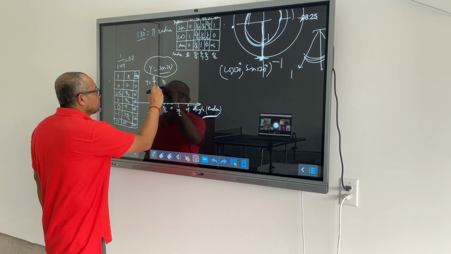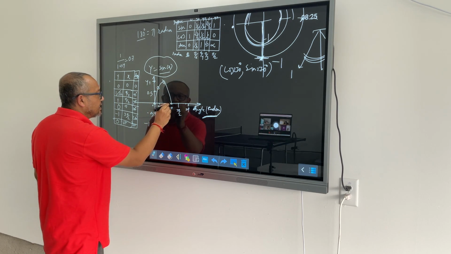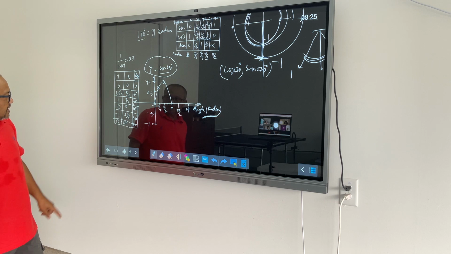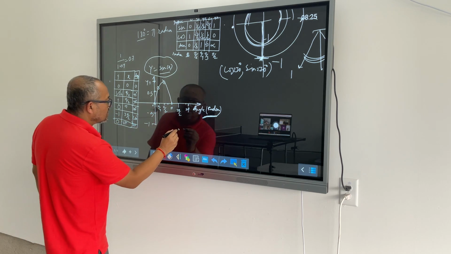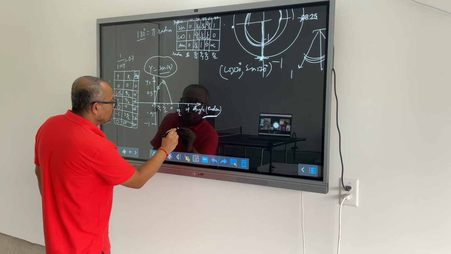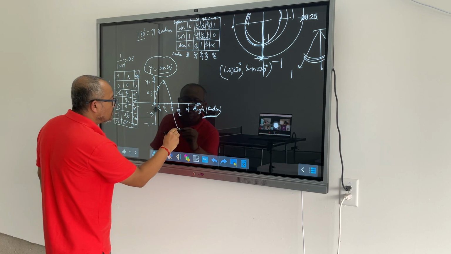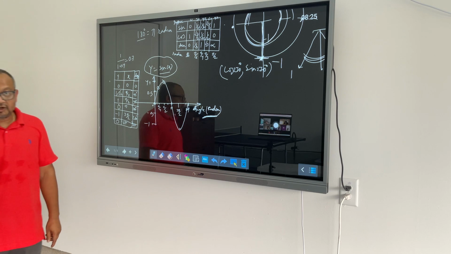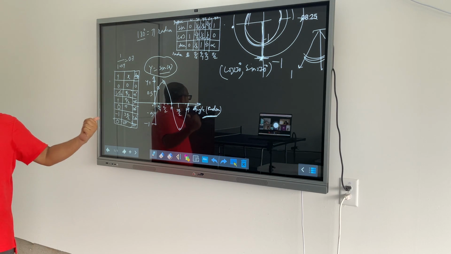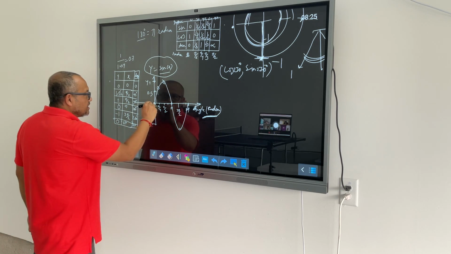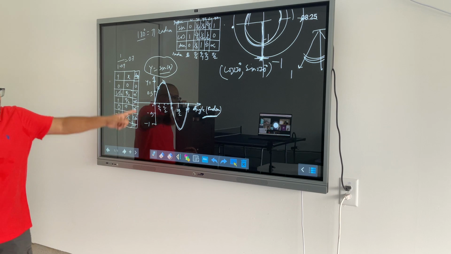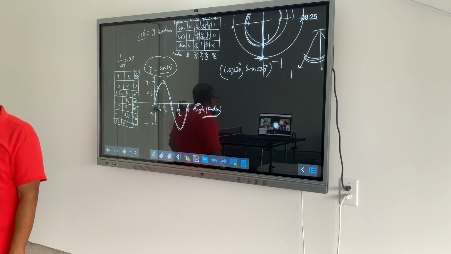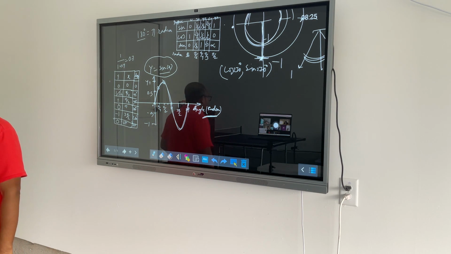So if I just try joining it with a free hand, it's coming like this. And then when it is 3 pi over 2, it became minus 1. So what you're seeing right now is a sine curve. From 0 to 2 pi I have tried plotting, and this is how a sine curve looks, like a wave. Okay?